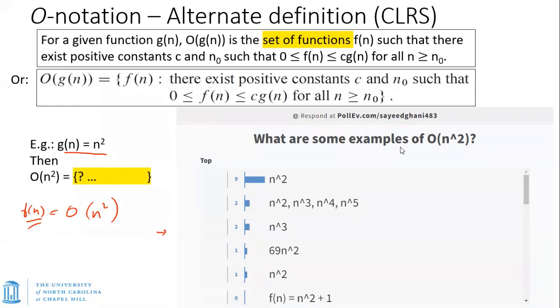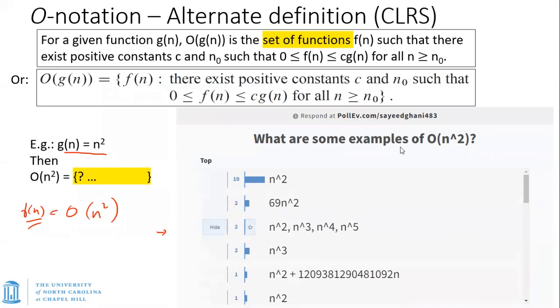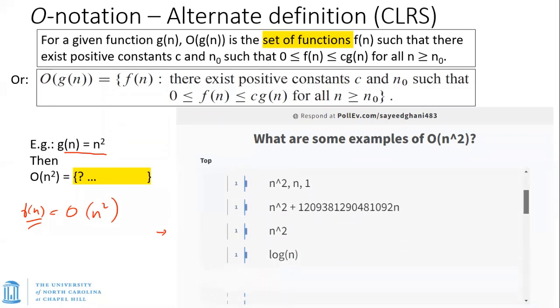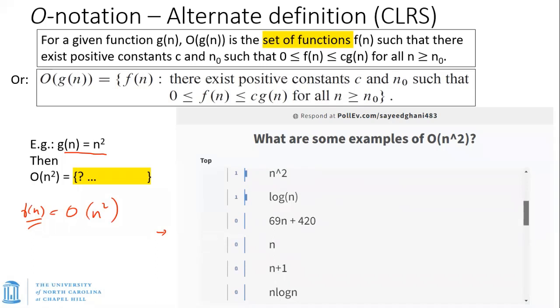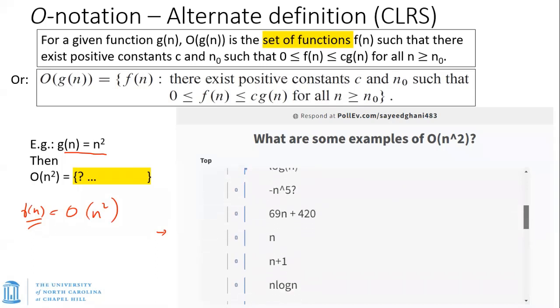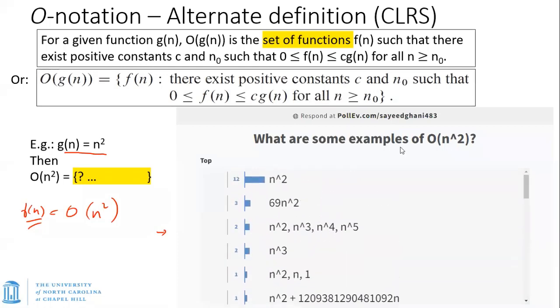So here we have a bit of a problem. We've got some people suggesting higher powers of n, n squared, n cubed, n fourth, and so on. And on the other hand, there are some people who are suggesting smaller powers of n, so log of n, n, and so on. So there seems to be a diversity here in terms of responses.